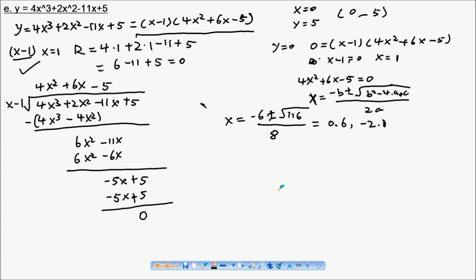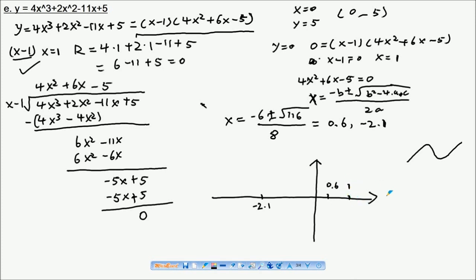Now let's draw the graph. The graph should be this shape because the coefficient of x cubed is positive, and I have minus 2.1, 0.6, and 1 as my x-intercepts.